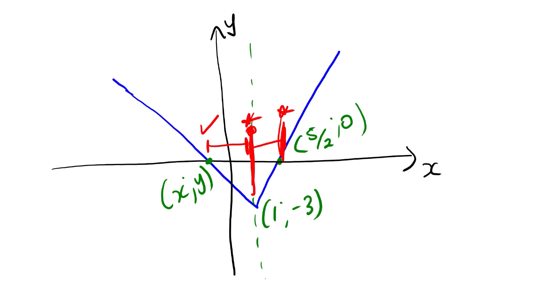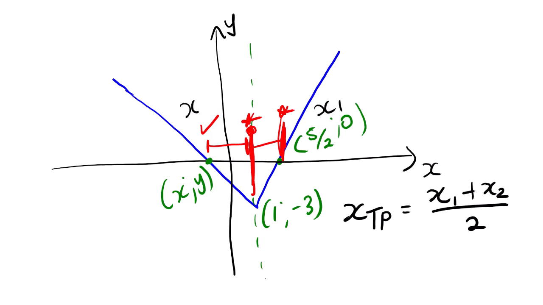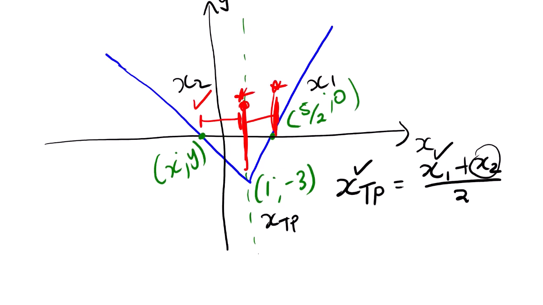We can just use this equation: x of the turning point equals x1 plus x2 over 2. So this will be our x1, this will be our x2, this will be our x turning point. So we have this, we have this, we are looking for this. We can simply substitute. We have 1 equals x1 plus, oh no, it's actually 2.